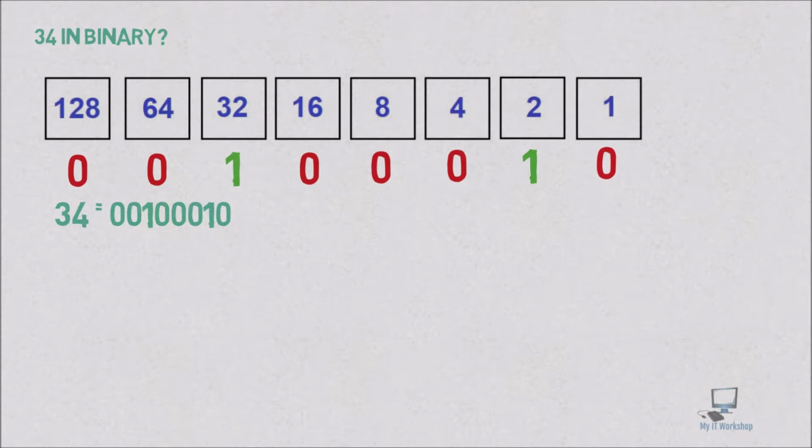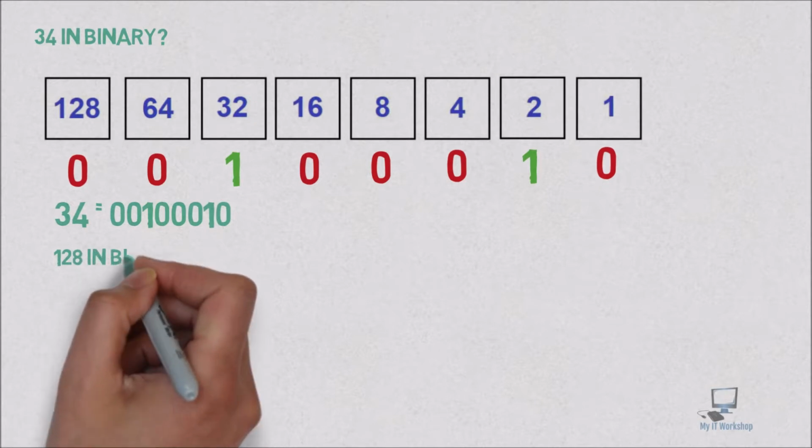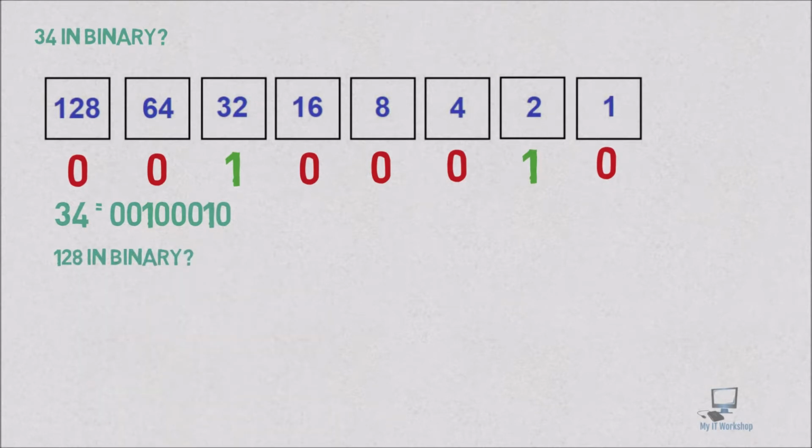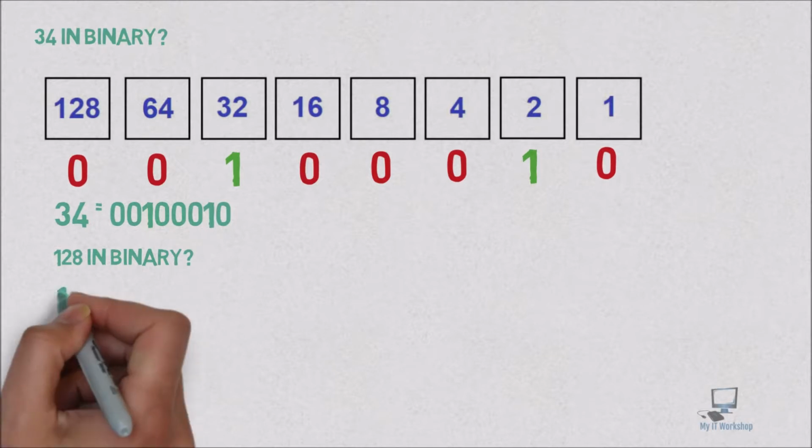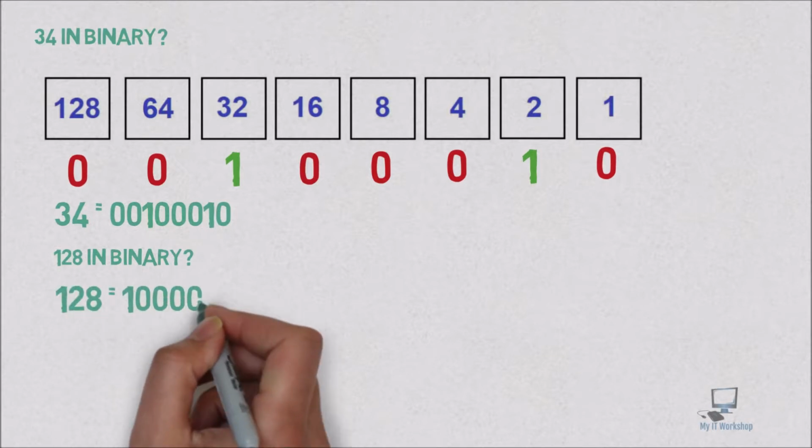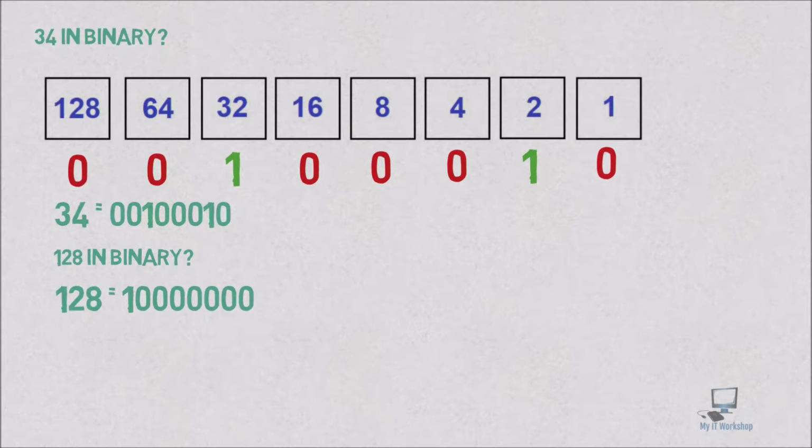It's getting better, right? What about 128 in binary? Can you tell me? Really quick? Okay, let's do it then. So 128 in binary is going to be equal to 1 followed by 7 zeros, because I only need the first box starting from the left. That's all I need. The rest is useless for this number.